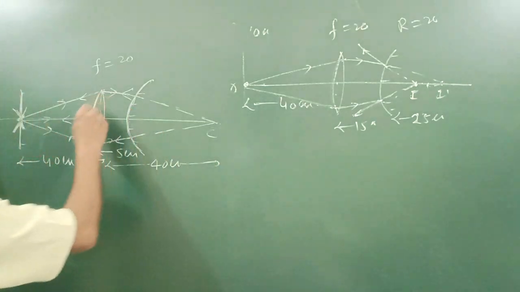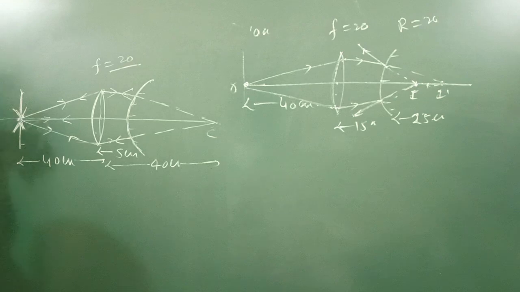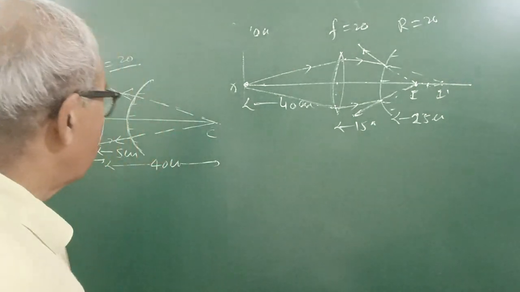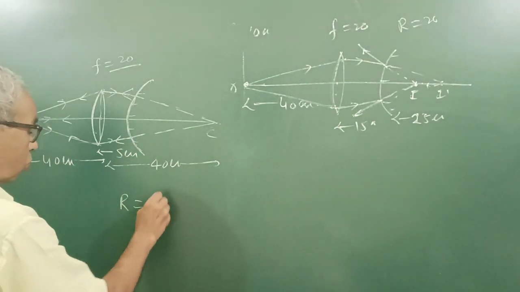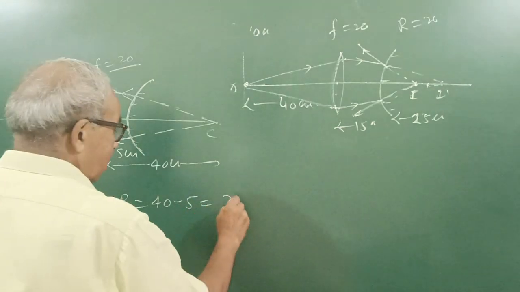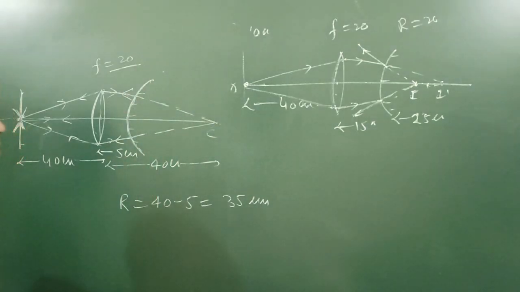Why? Focal length 20, object distance 40, so the object is placed at 2f, or you can use the lens equation also. So this is 40 and this is 5. So R is equal to 40 minus 5, that is 35 centimeter, the radius of curvature of this mirror.